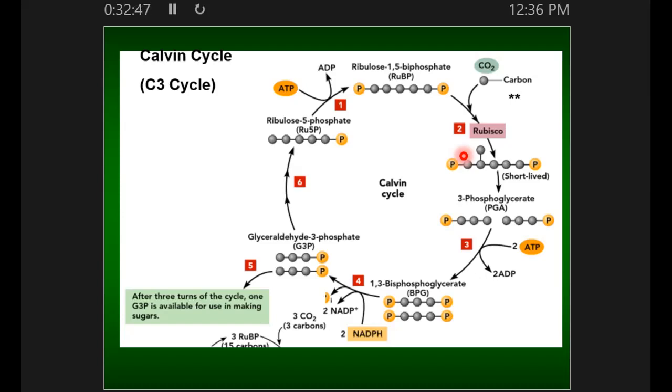So the O in oxygenase means that this enzyme is, I like to say, sloppy, or very easygoing, because it can take CO2 into its active site. And it's like, yeah, I can do that, and I can react CO2 with RUBP. But it can also take in oxygen into its active site.